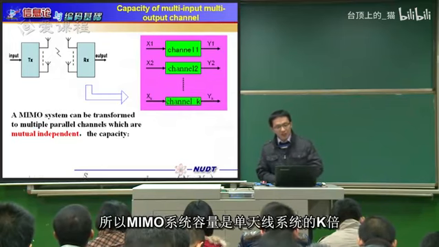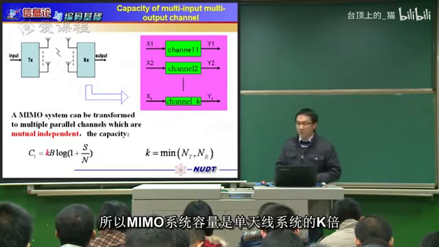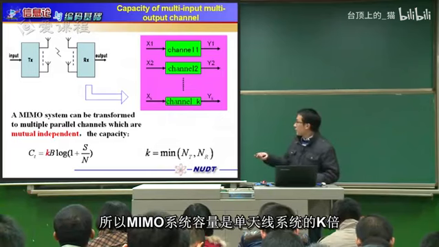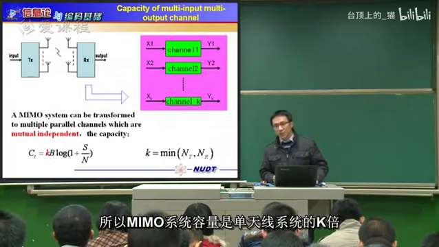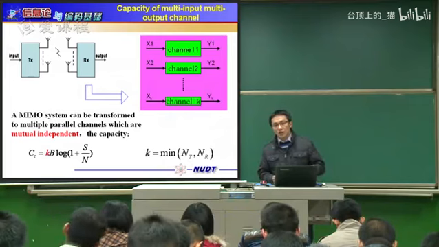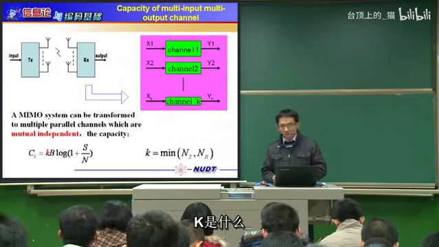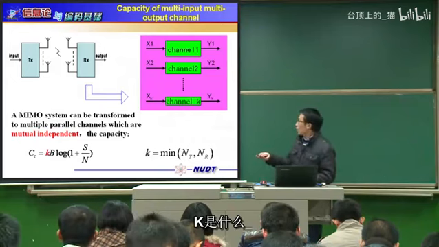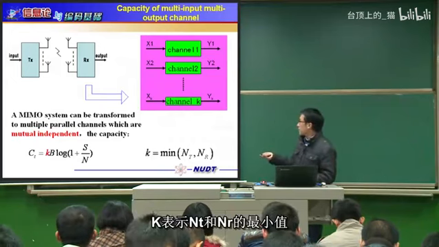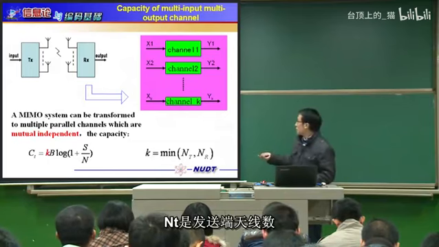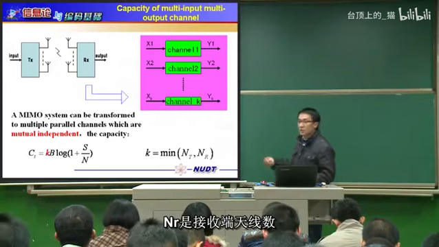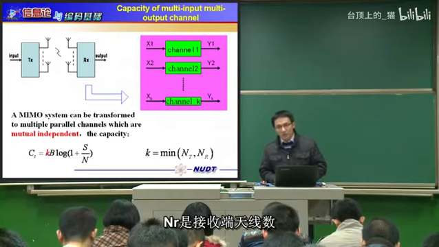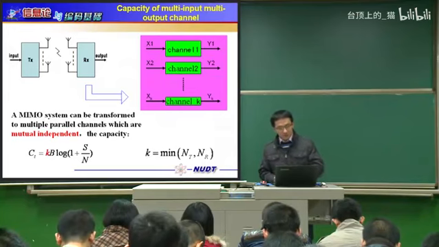So, the capacity of the MIMO system is K times the capacity of a single antenna system. Okay? What is K? K is the minimum of NT and NR. NT is the number of transmit antennas, and NR is the number of receive antennas. Okay?